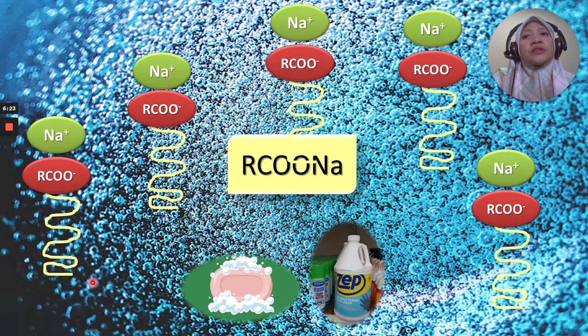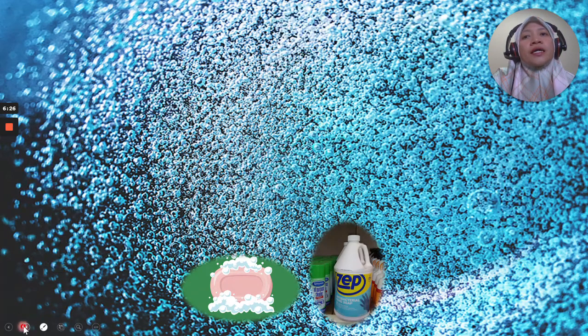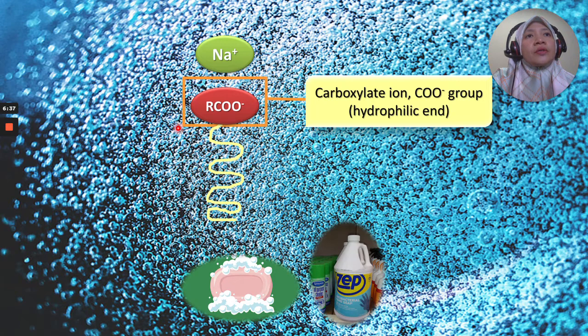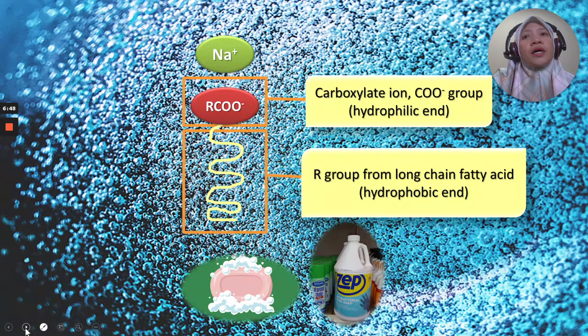Each soap molecule has a polar head group, which is the carboxylate ion, or COO negative group, and then this long non-polar hydrocarbon tail is actually the R group from a long chain fatty acid.